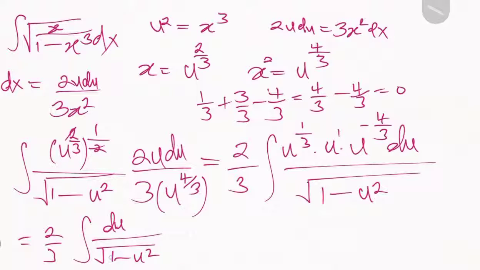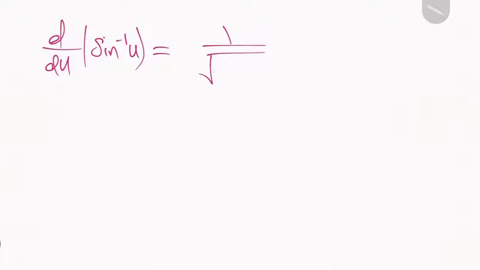Of course, this is familiar because if you differentiate, let's go to the next page. We know that if we differentiate with respect to u, sine inverse of u, we see that we have 1 over square root of 1 minus u squared.